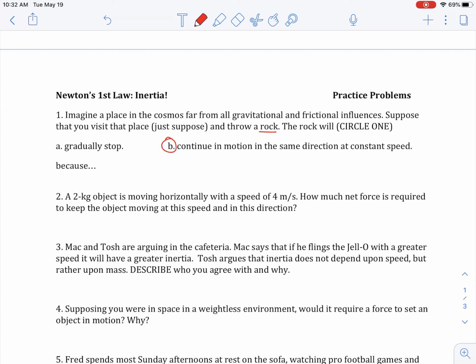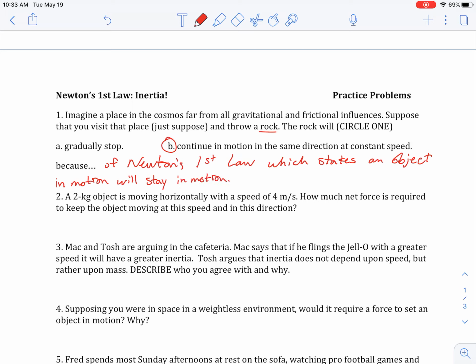It's going to continue in motion in that same direction at a constant speed, because after watching the video, you'll see that because of Newton's first law, which states an object in motion will stay in motion, and there are no unbalanced forces to stop it.